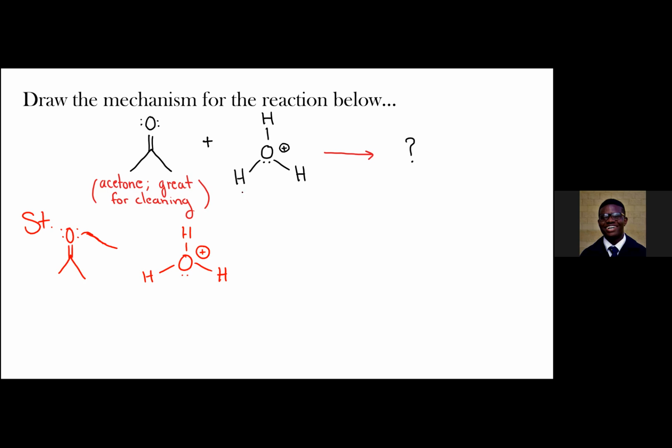If we think about it, this is H3O plus, which is just an acid. And what do acids do to things in solution? They want to donate protons. Yeah. So if they want to donate protons, a curved arrow should probably be like this.